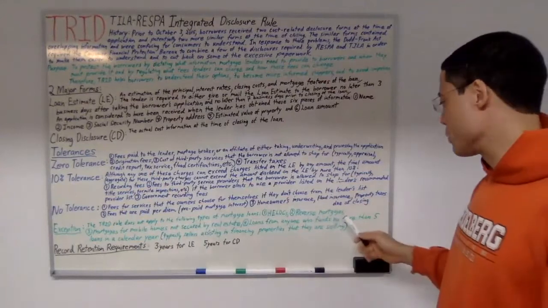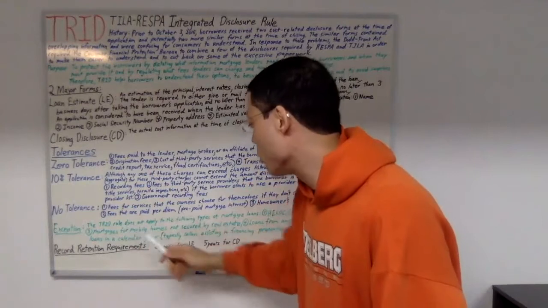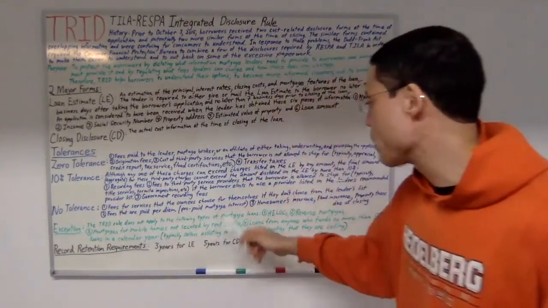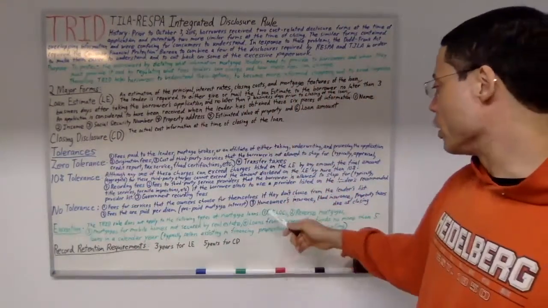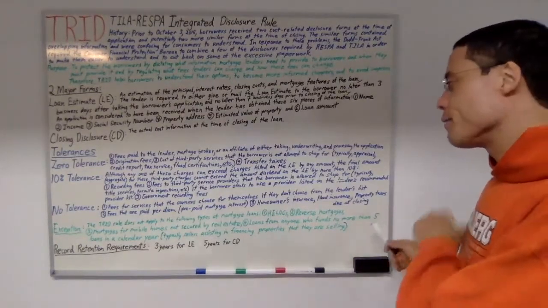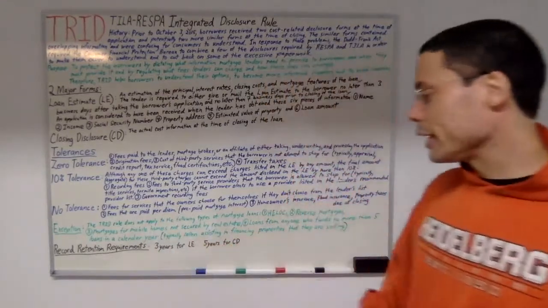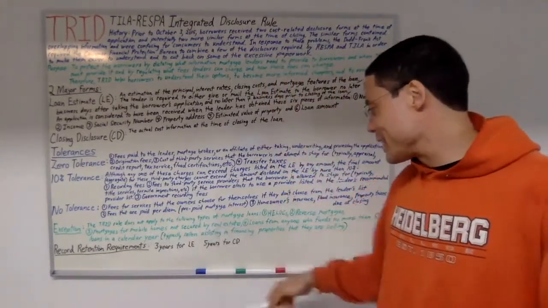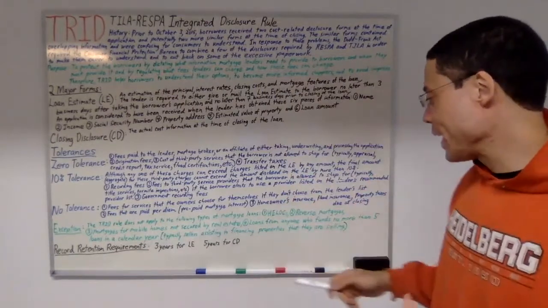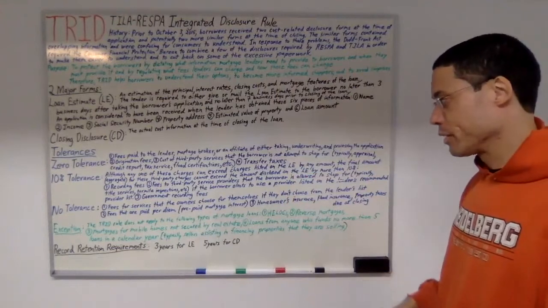Number two, reverse mortgages. Number three, mortgages for mobile homes not secured by real estate. Number four, loans from anyone who funds no more than 5 loans in a calendar year. Typically, these are sellers assisting in financing properties that they are selling.